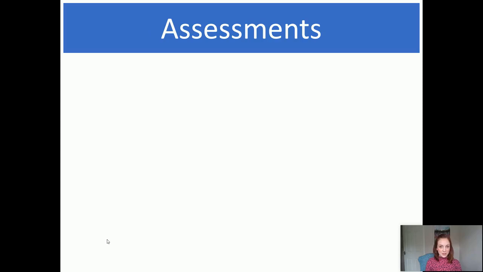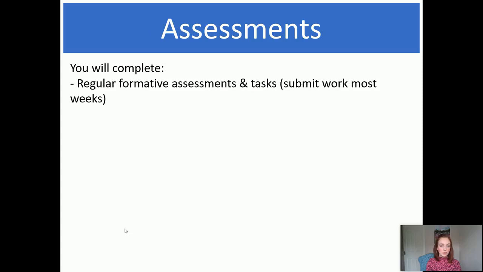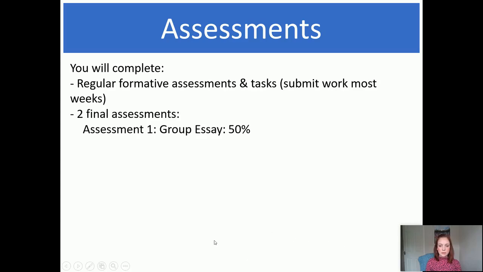The next thing I want to let you know about is assessments. We have a number of different assessments on this course. You will complete regular formative assessments and tasks, which means small pieces of work that you submit regularly. And then you have 2 final assessments. The first one is a written assessment.